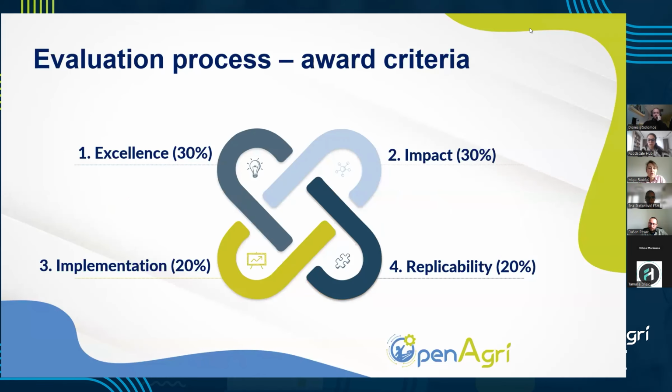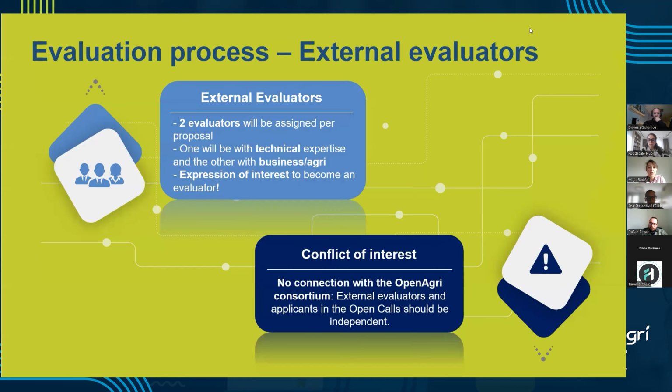When it comes to award criteria, these are the 4 main eligibility criteria, and you can see the percentage of the marks that they consist of. 2 external evaluators will be evaluating each proposal.